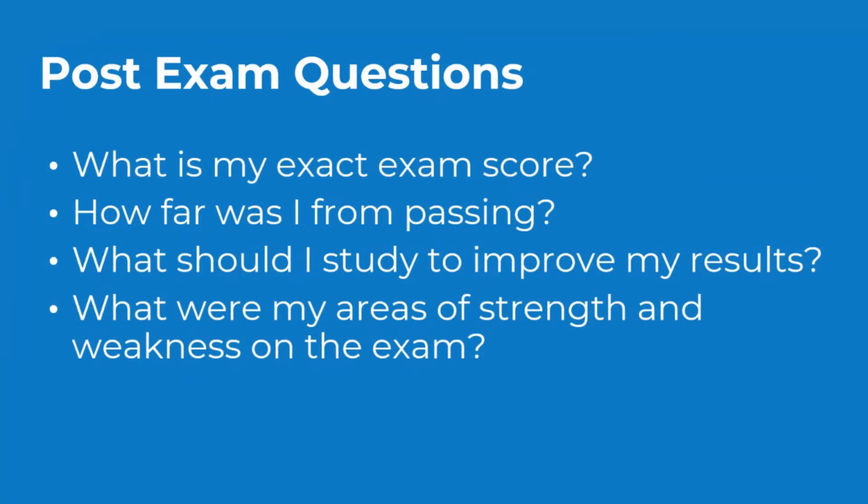Questions like these here. What is my exact exam score? How far was I from passing? Or what should I do to improve my results? Those 2 probably more likely if you didn't pass. And what were my areas of strengths and weakness on the exam? That's both helpful whether you passed or not, because you want to know where you stand, right?